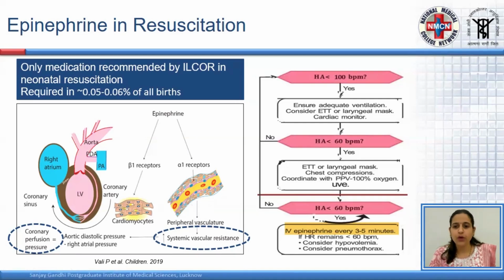It acts on the blood vessels outside the heart and causes them to constrict, thus increasing the systemic vascular resistance, and hence improves the coronary perfusion pressure and the coronary flow. And by its action on the beta 1 receptors in cardiomyocytes, it will improve the rate and the strength of cardiac contractions.